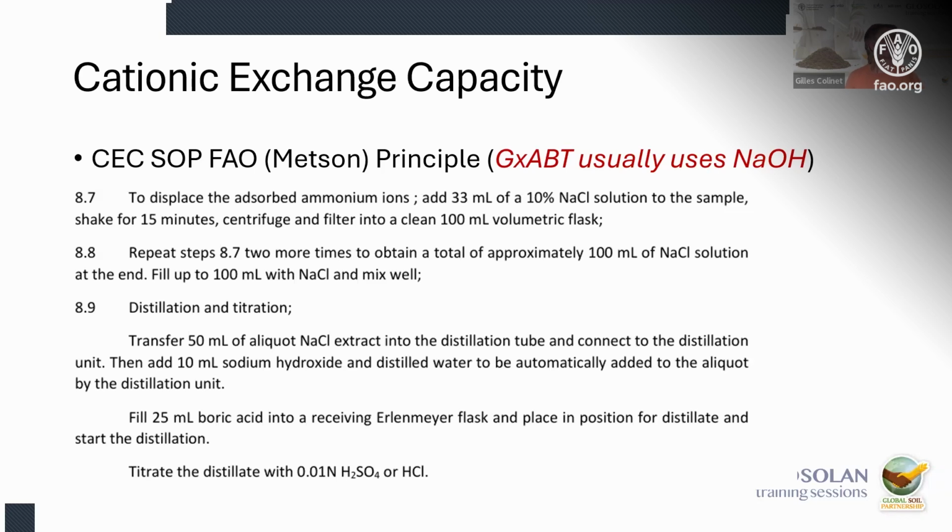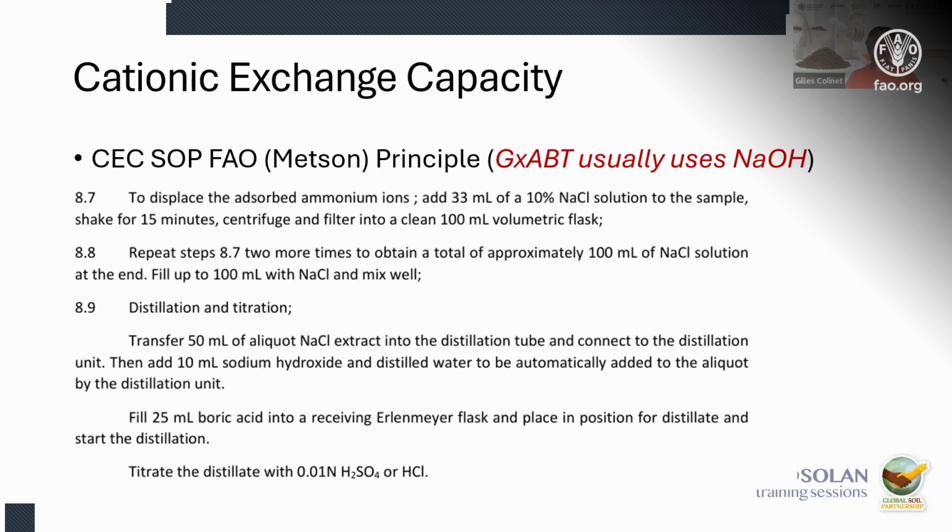So it's not in the image, but the idea is not to go too far in the elimination of the excess of ammonium. Usually, we have 3 to 4 washings with the ethanol in our procedure. And then the idea is to remove the adsorbed ammonium from the soil.